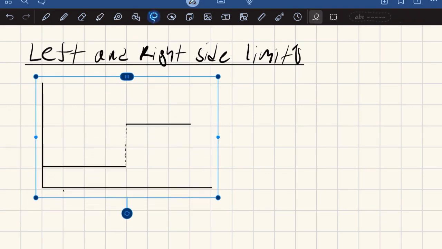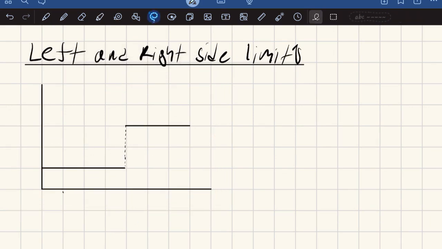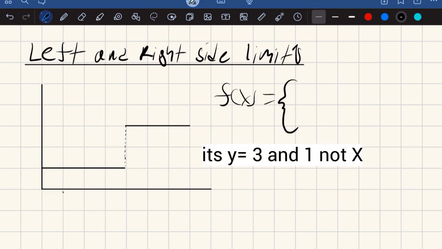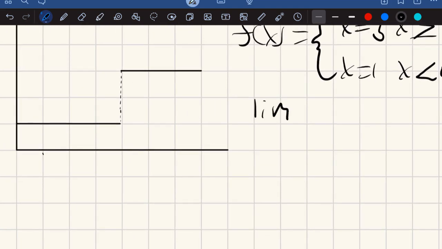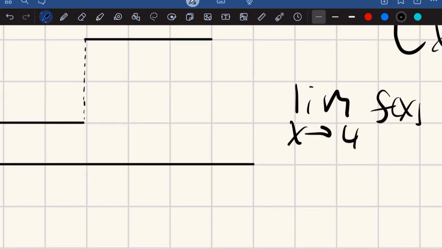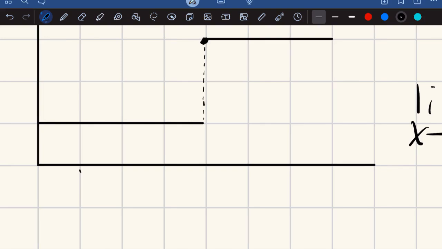So consider the function f, which is equal to a piecewise function where f of x is equal to 3 when x is greater than or equal to 4 and f of x equals 1 when x is less than 4. So if we were to take the limit as x approaches 4 of f of x, which one do we pick? Do we pick this one or this one?